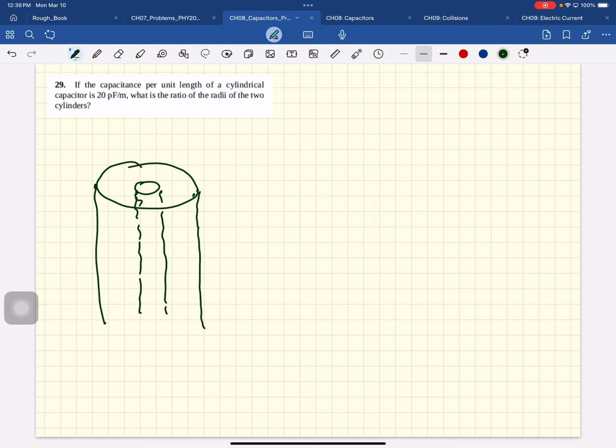Okay, and the two relevant radii are the following: the inner radius of the outer cylinder, and the outer radius of the inner cylinder, a metallic device. Okay, the capacitance in terms of the geometry is given by this formula.